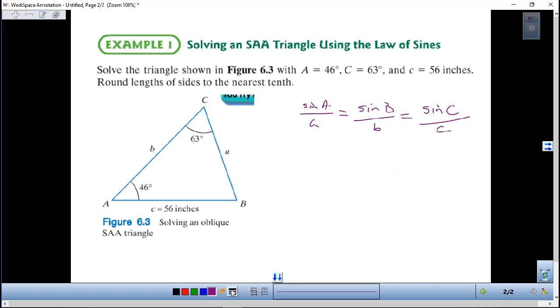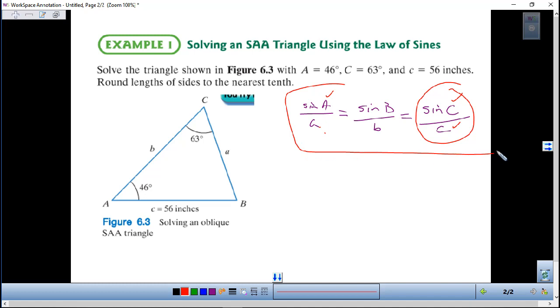Now, let's go through and talk about what we know. We know angle A, so I can do that part. We know angle C, so I've got that part. And I have side C, so I've got this part. So I know I'm going to want to use this one. And I've got part of this one, so I can solve for side A. So that's what I'm going to do.